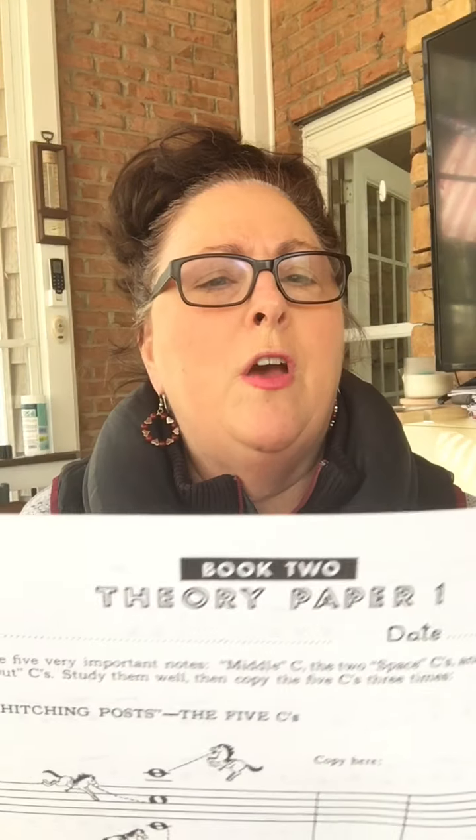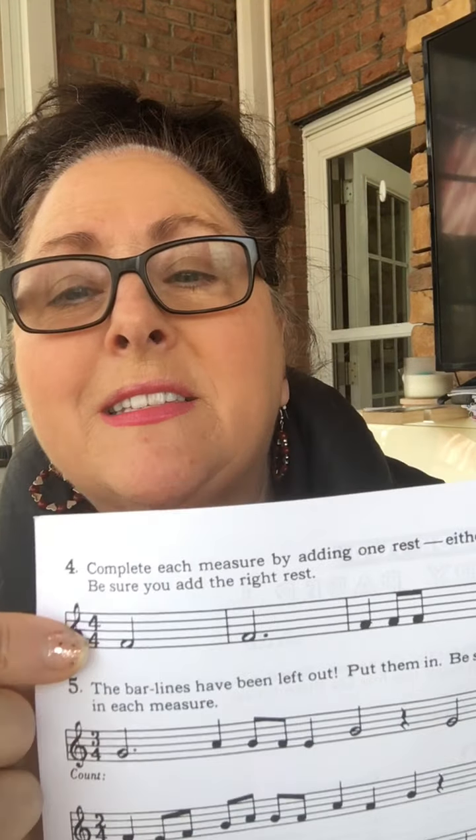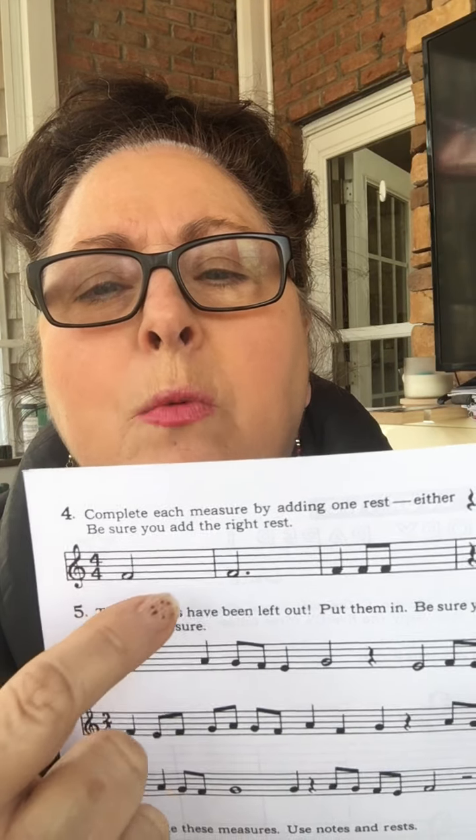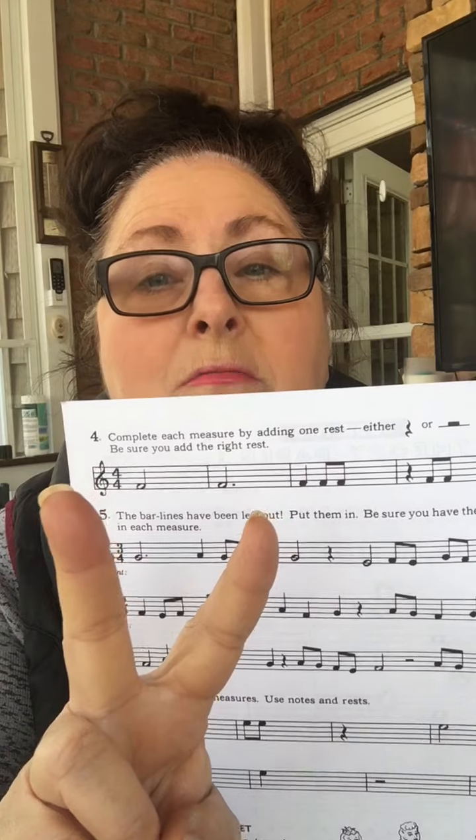Okay, when you turn over, you're going to be adding a rest that's either a quarter rest or a half rest. Now, a quarter rest gets 1 beat, and a half rest gets 2 beats. So check your time signature. Notice that we need 4 beats. We already have 2, a half note, so we need a rest that gets 2 beats.